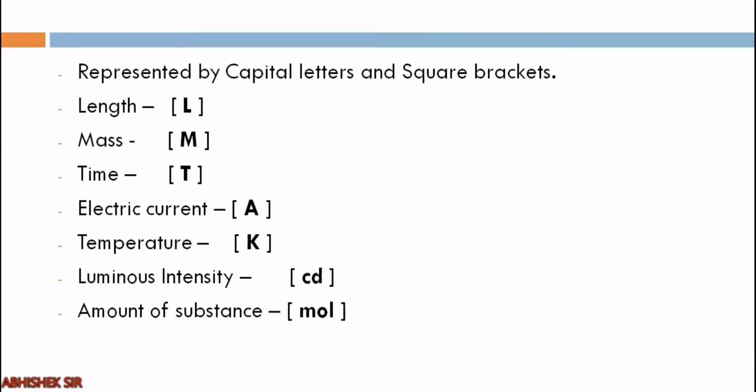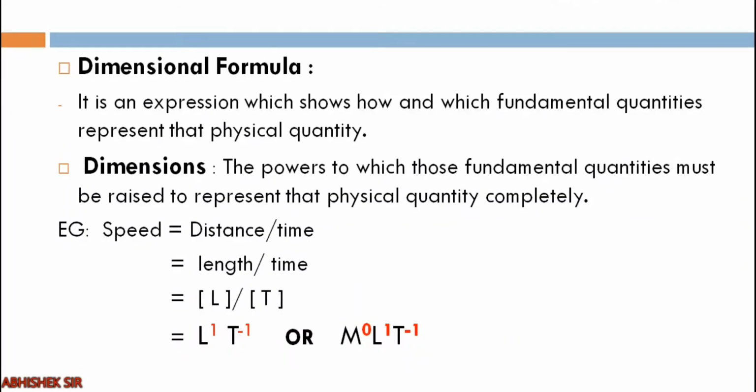So this is what we are going to learn, right? So let us see what is a dimensional formula and what are dimensions. A dimensional formula is an expression which shows how and which fundamental quantities represent that derived physical quantity.